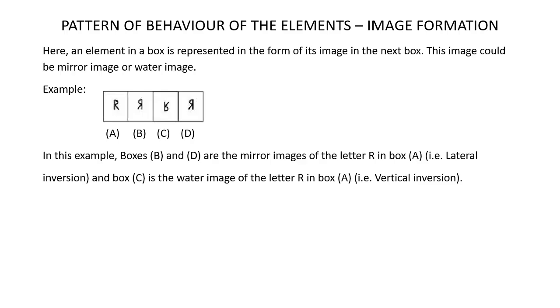Vertical inversion is nothing but the top becomes the bottom and the bottom becomes the top. This is vertical inversion which occurs in water image. So in this example, boxes B and D are the mirror images of the letter R in box A. Box C is the water image of the letter R in box A.